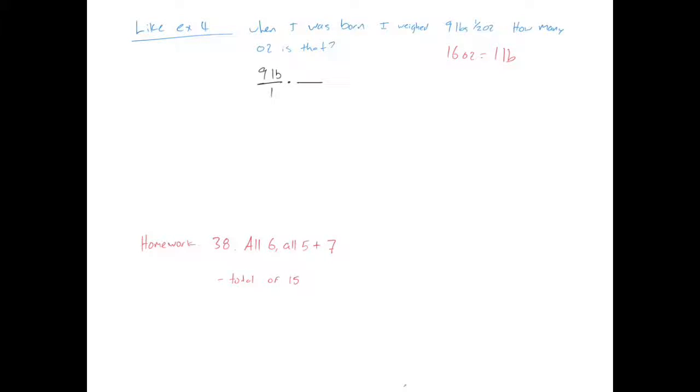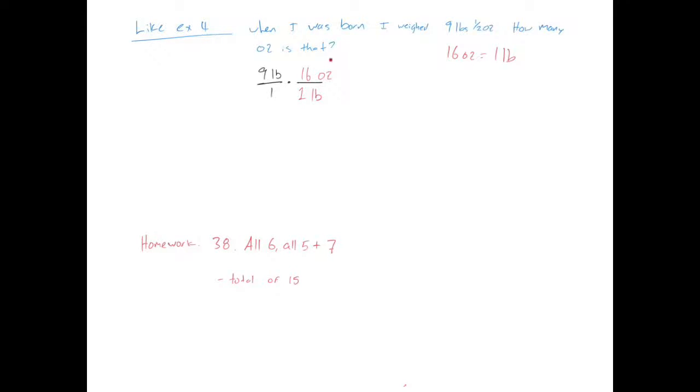So again, I'm trying to get rid of pounds. So that means I'm going to write my pound measurement down here. And I want to change it into ounces, so I want my ounce measurement up here on the top. And I'm just going to fill in those numbers. It's going to be 16 ounces, 1 pound.